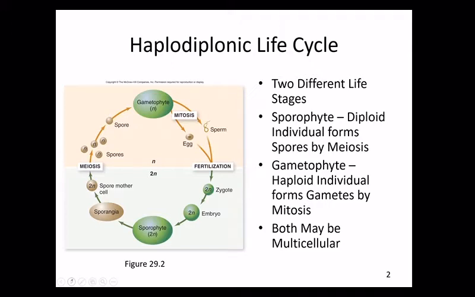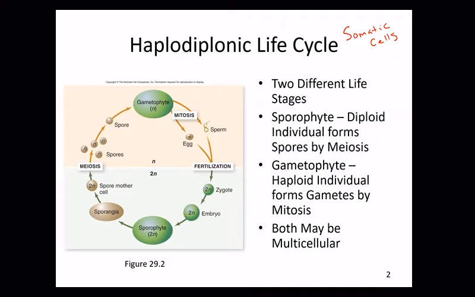When we talked about reproduction in animals, we talked about there being two unique types of cells. There was the somatic cells, and these were the cells that make up the normal body parts of the animal.